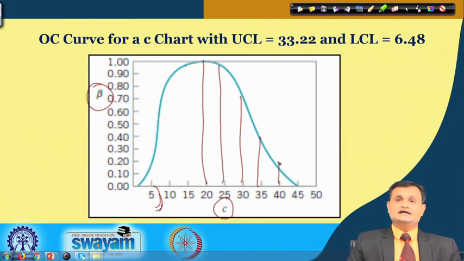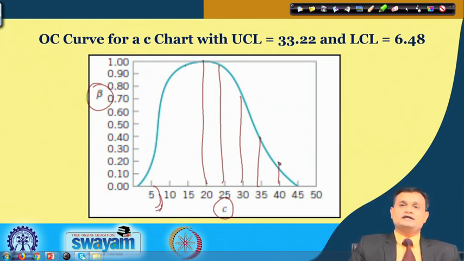So, I will get an idea that if my particular process is producing a very low or very high number of non-conformities per unit, then a given OC curve will tell me the goodness of my control chart, that is, its ability to detect the non-conformity in a given sample, based on the slope or steepness of the OC curve.